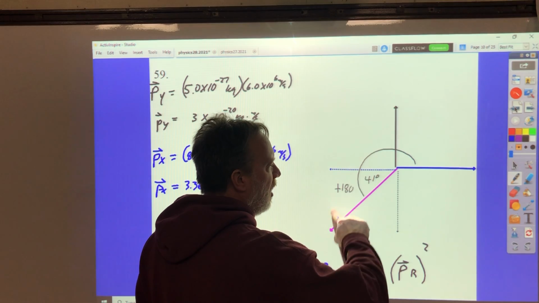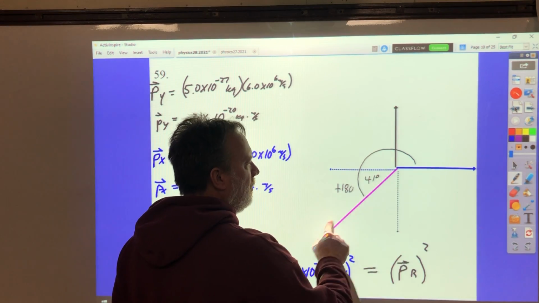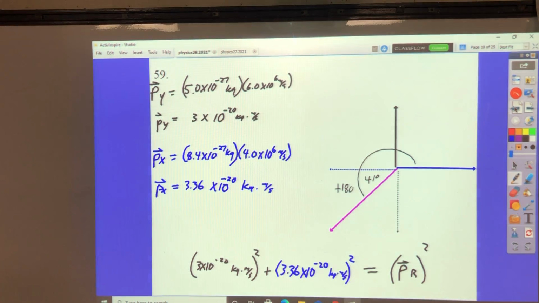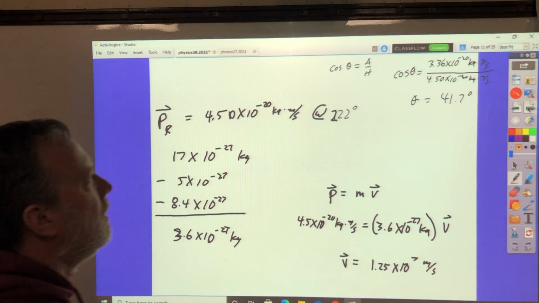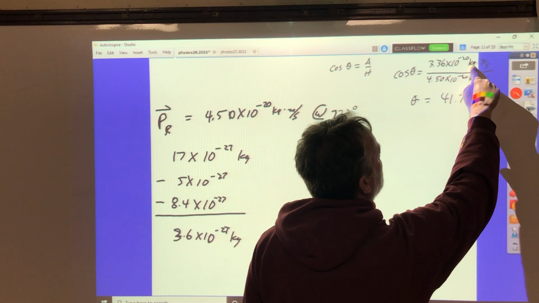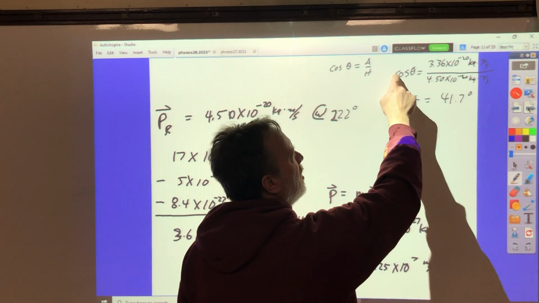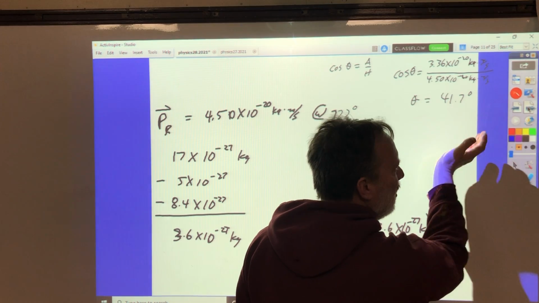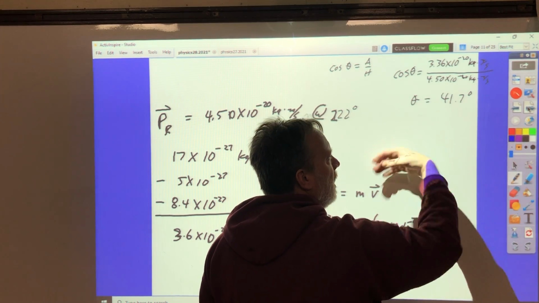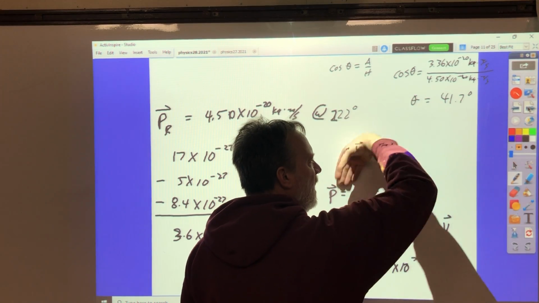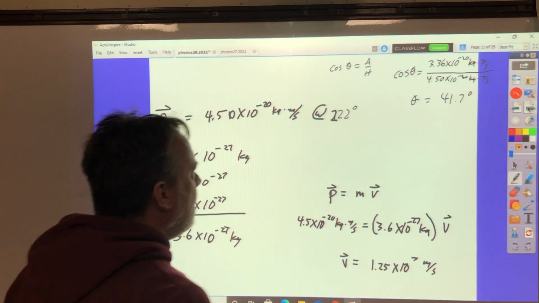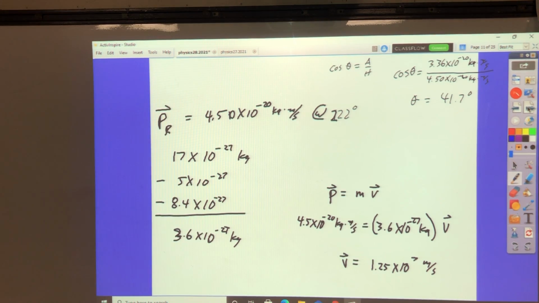I did adjacent over hypotenuse and I used this one because it has an extra step, so if I made a mistake, I would have caught it. Okay, so 3.36 times 10 to the minus 20 divided by 4.5 times 10 to the minus 20 equals cosine theta. Theta comes out to be 41, and if you add another 180 degrees on it, you get that total amount of 222 degrees.